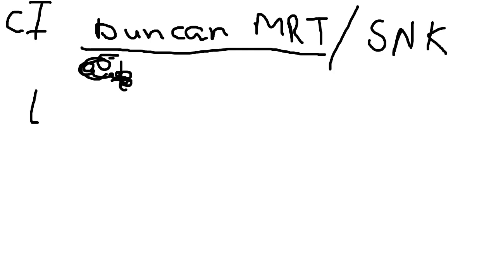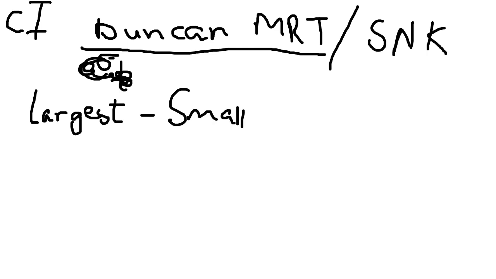We say largest minus smallest. Remember we do something like this, and we compare it with what? We compare it with the significant range, isn't it? This is what we do, isn't it? We compare this with a significant range.